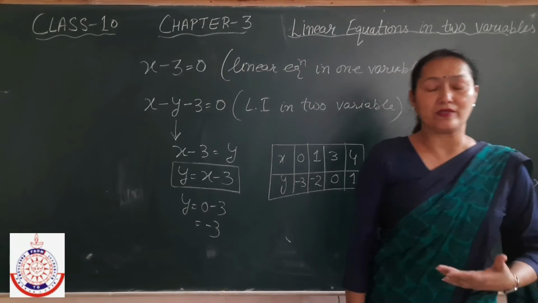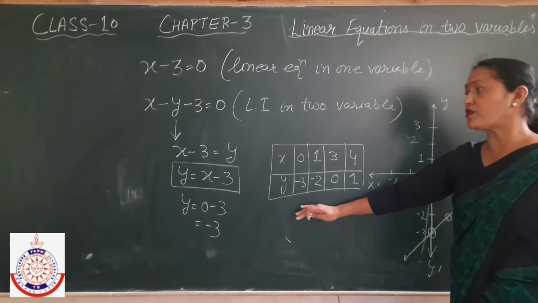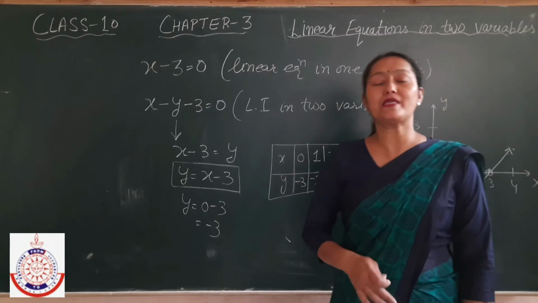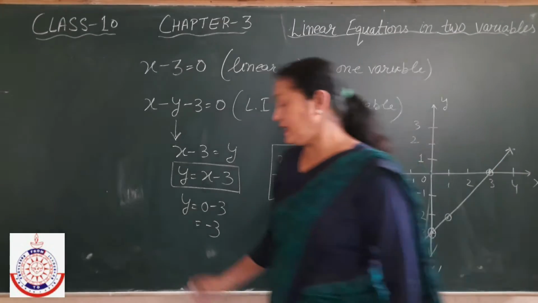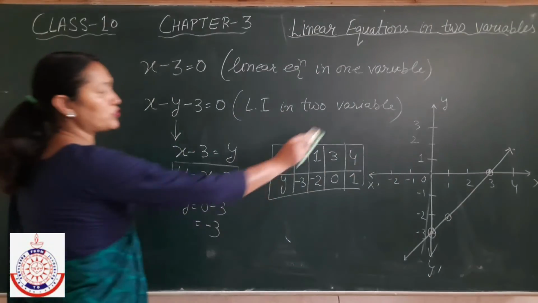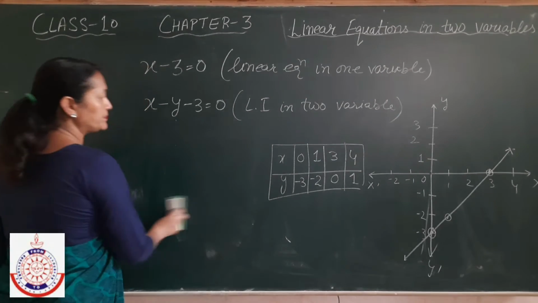Now in class 10th, same procedure we are going to follow, but here instead of single equation, we will be solving two equations at a time. For example, like I have taken this x minus y minus 3, I have drawn graph for this. One more linear equation I am taking.